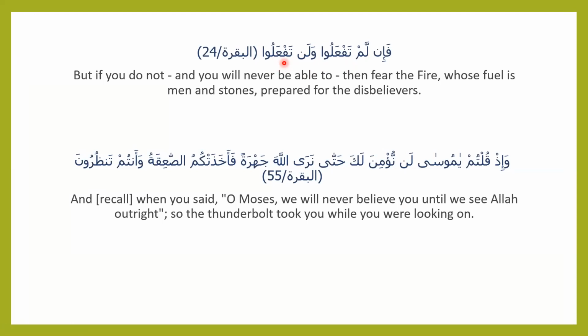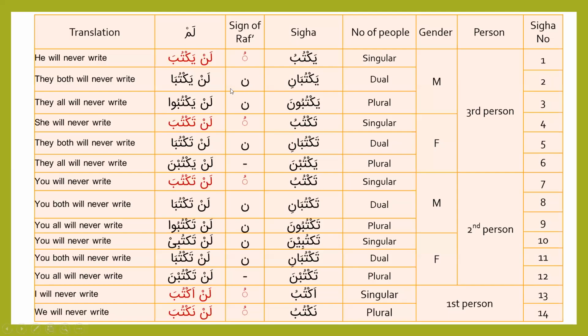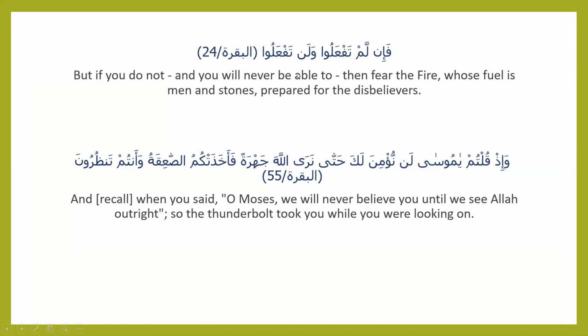It is sigha number 9, تَفْعَلُونَ. It was taf'aluna, so noon was the alamat raf. Because of lan, alamat raf is gone. I told you whenever the noon is there, it is alamat raf. So because of lan, alamat raf will be omitted. Walan taf'alu. So you will never be able to do that thing.